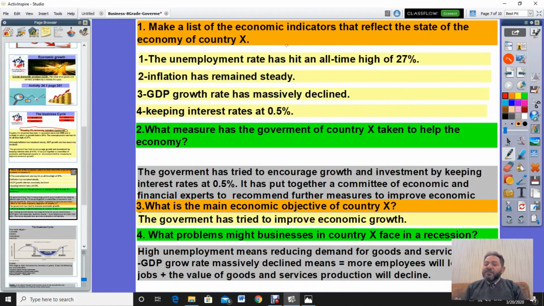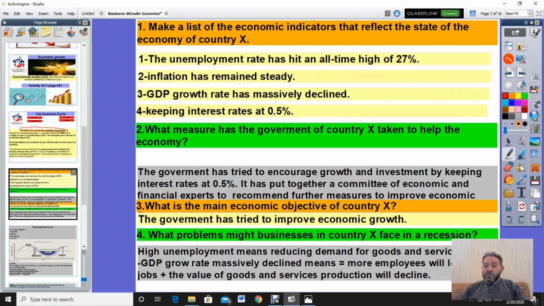What is he asking you in the first question? What are the economic indicators that he mentioned in the example? There are 4 indicators. The first one, he said that the unemployment rate has hit an all-time high of 27%. This is the first indicator. The second, inflation has remained steady.